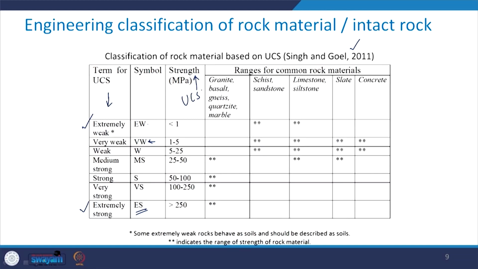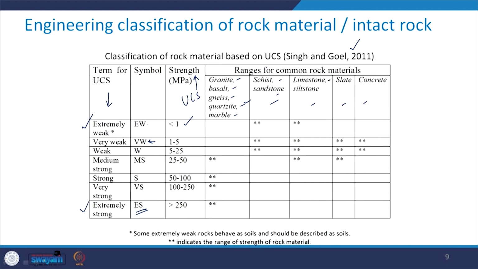If this UCS is less than 1 MPa, it is in this category, and you can see that some of these columns give you the idea of what type of rock will fall under which category. The first column in this case is granite, basalt, gneiss, quartzite and marble. The second has schist and sandstone.